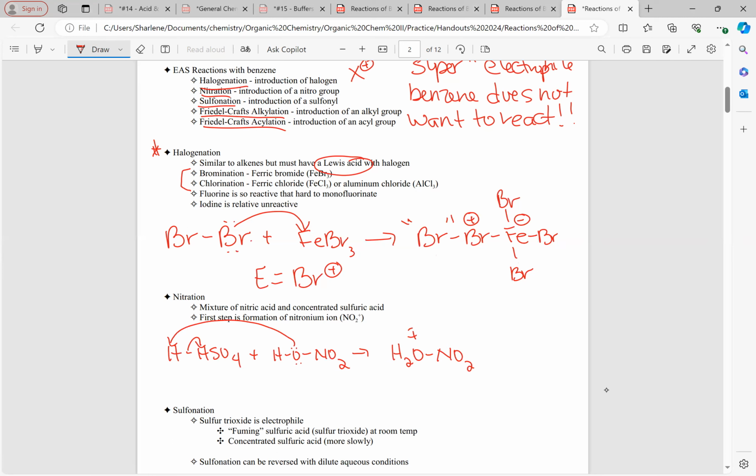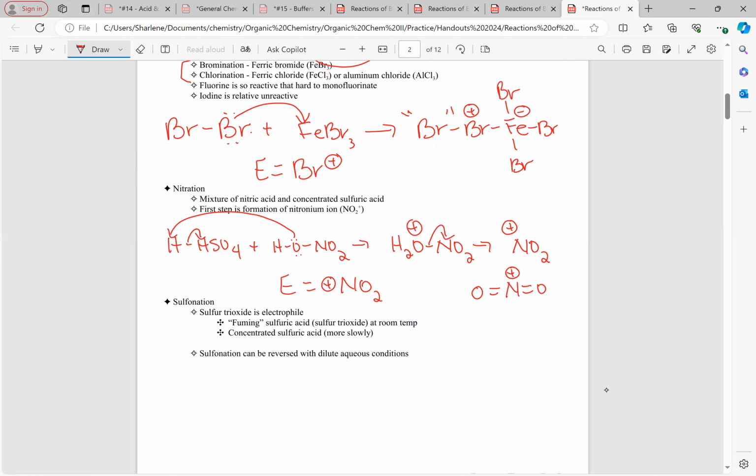And guess what? I just made an awesome leaving group. And so that is really what the benzene sees. So E is what the benzene sees.